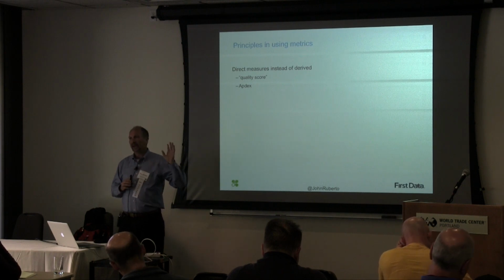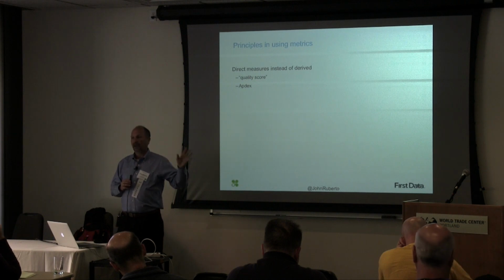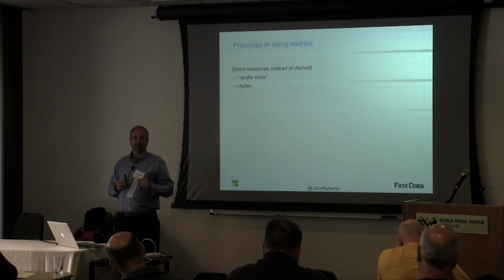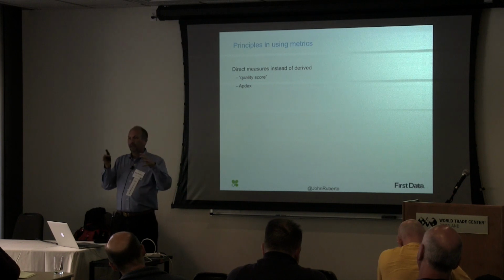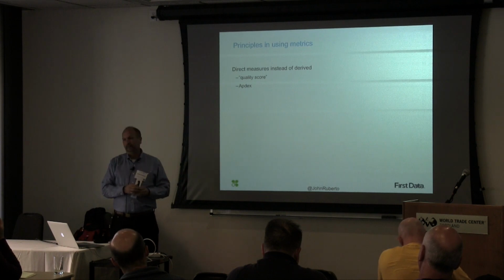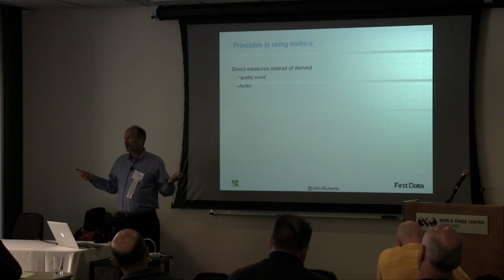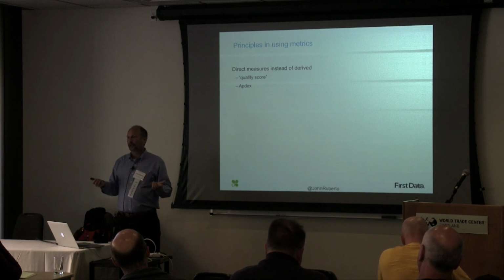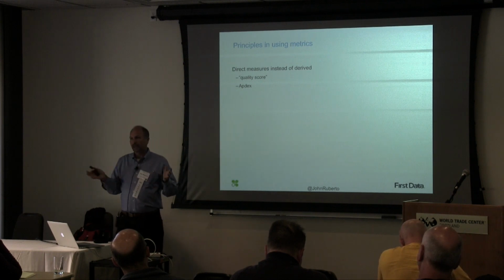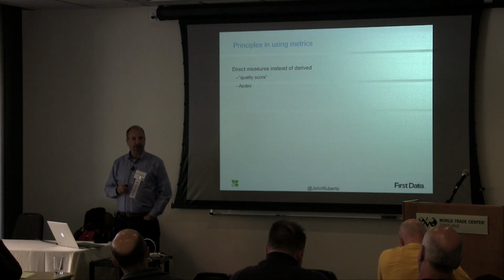I remember one where each critical defect had a weight of 20, each major defect had a weight of 10, and 5 and 1 for the trivials. Then we would do this math, add it up, and say our quality score is 96. Well, every time I did that, I ended up having to explain what the data meant, and actually had to click down and show the underlying data. Yeah, there were 96 minor problems versus 3 criticals. Having these aggregate scores tends to hide some data, so I always try to avoid those.